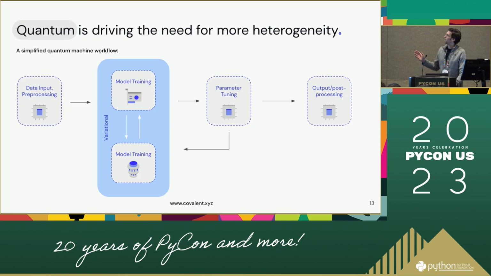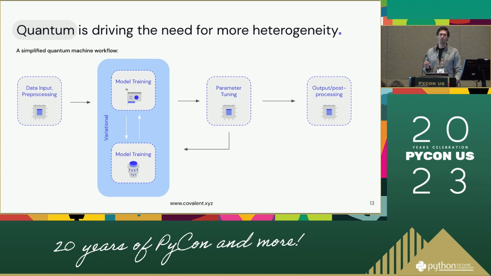In the quantum space, as I was mentioning before, it's really driving the need for heterogeneity. This is an example of a very simple quantum machine learning workflow, something that I was introduced to when I entered this space. What you can see here is that you're already working with a few different types of resources. Say you're working on your laptop, writing your code in Jupyter Notebook.